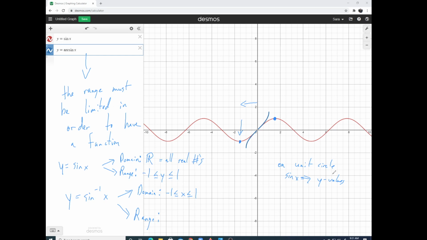Now granted, it's not going to be a negative angle on the unit circle, but we can convert that easy enough. Look for the smallest y value, the lowest y value, and tell me the angle that corresponds.